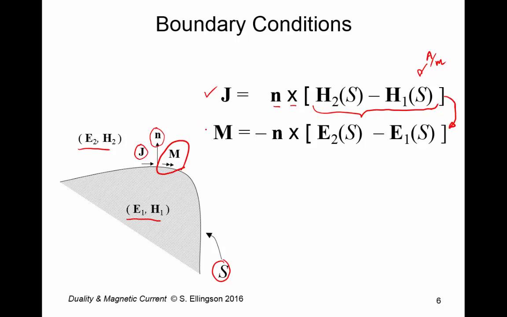And it says simply that the magnetic surface current, now we have units of volts per meter, this is a magnetic surface current, equals minus n hat, same normal to the surface, cross the difference in the electric field intensities on the surface. So this is the relevant boundary condition that applies to the magnetic current density.